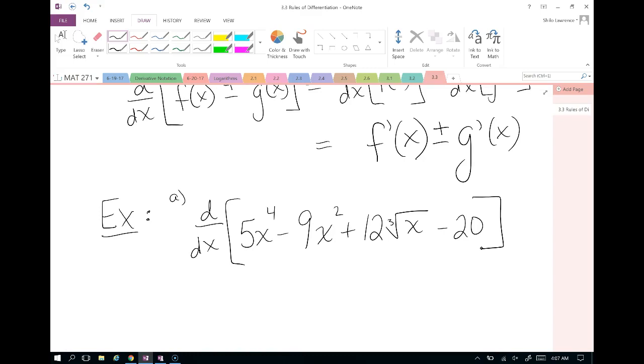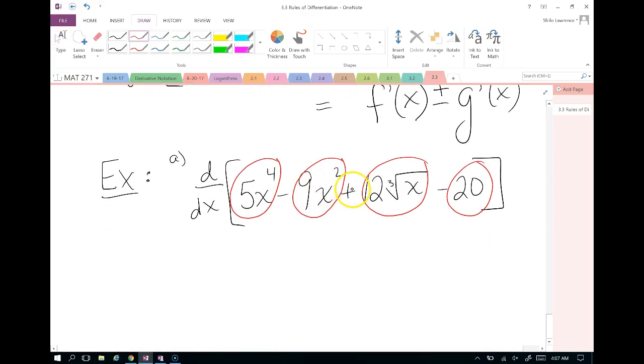So this expression has 4 different terms. There's 1, 2, 3, 4. I'm going to take all their derivatives one at a time. Take all their derivatives individually. And then just keep the same operations in between. So first we have to take the derivative of 5x to the 4th.